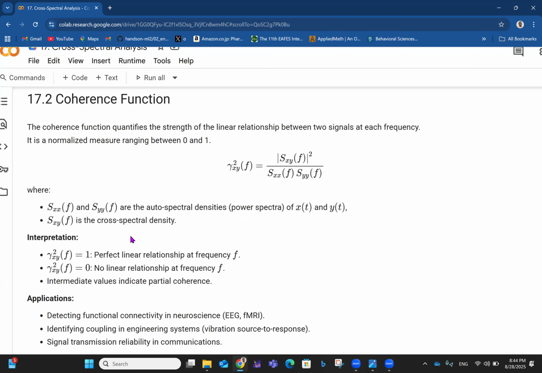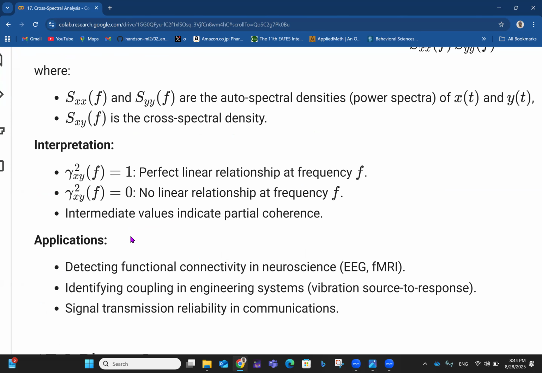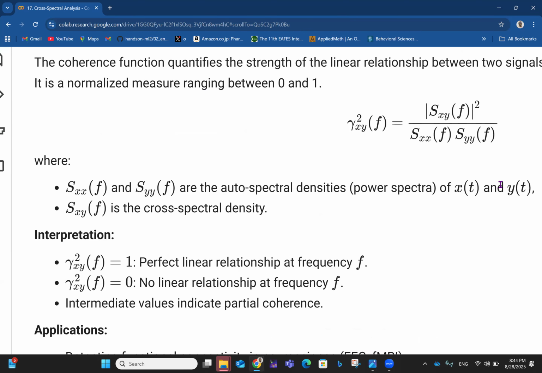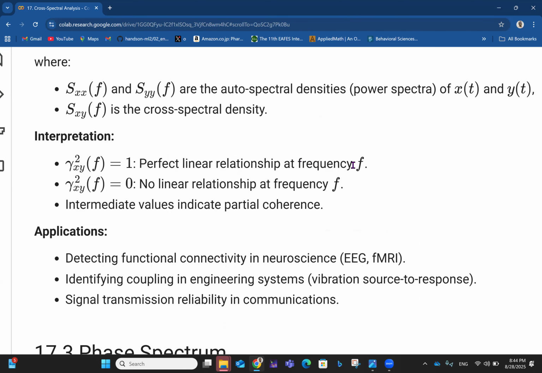The interpretation is that if gamma sub xy squared of f is equal to 1, then we have a perfect linear relationship at frequency f. If it is 0, there is no linear relationship at frequency f. Intermediate values indicate partial coherence, so you can have values like 0.5, 0.3, 0.8.